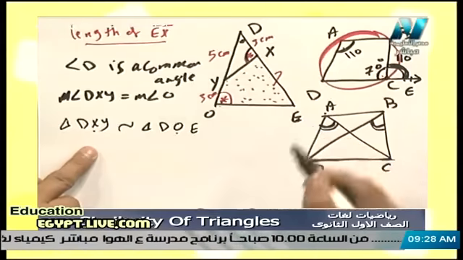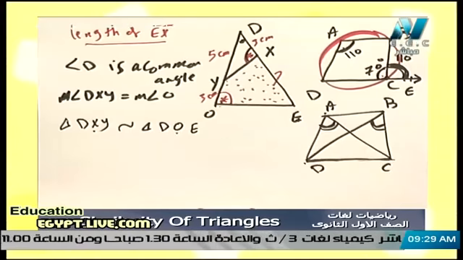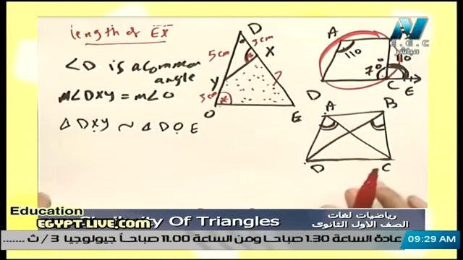Okay, this is E. So we have two similar triangles, and now we can write the ratio from similarity.